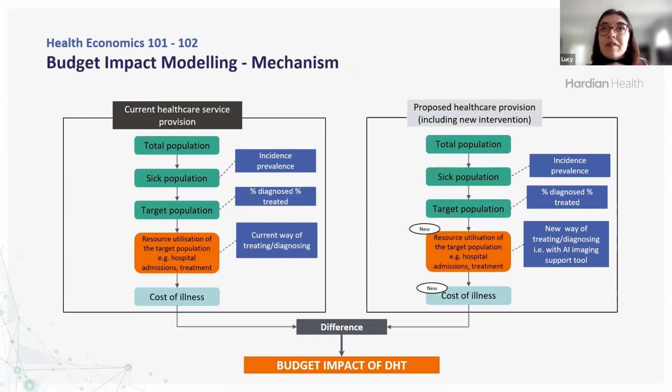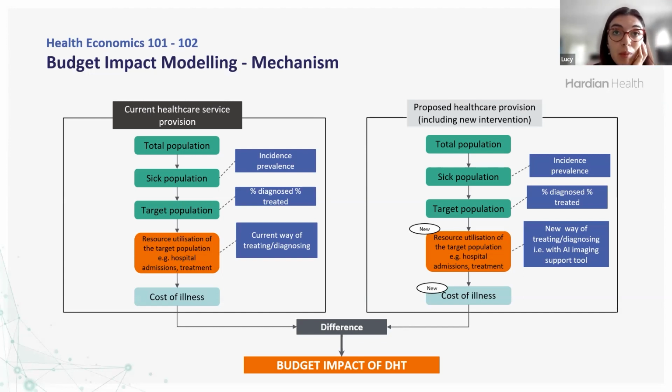So this brings everything together that we discussed in terms of how the mechanism of the model works. You begin with the left-hand side box, which is the comparator scenario. Typically this is standard of care. So you take the current healthcare service provision and you refine your total population down to the target population, which, the green box is total population, sick population, target population. This really is the patient funnel element of the budget impact model.